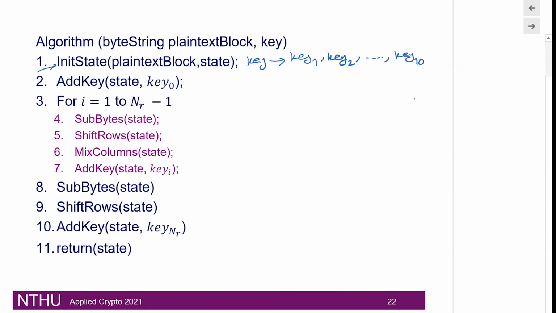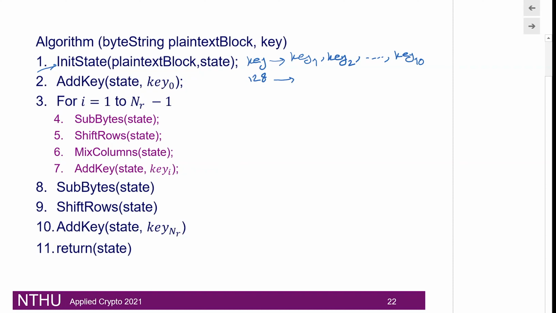And then the next thing we want to do is, we have different algorithms, right? But let me just say one more word before we continue. 128-bit was our initial key. So we need to convert this one to key 0, from key 0 all the way to, okay, it's okay.